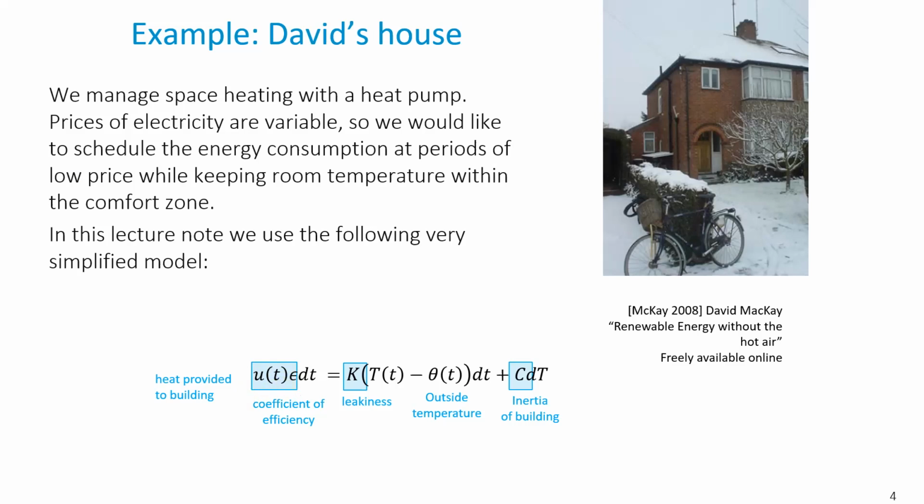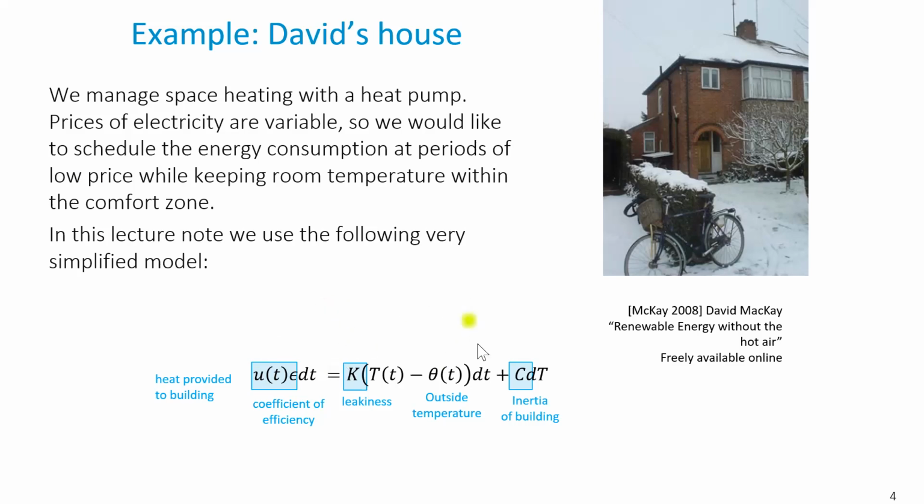That's the coefficient of performance of the heat pump. So a good heat pump has a number between 2 and 3. It's generating more heat than the electricity that you put into it, because it's taking the heat out of an outside container. So that's the amount of heat that goes into the house.